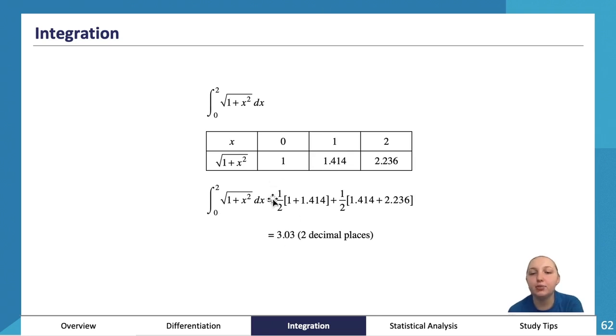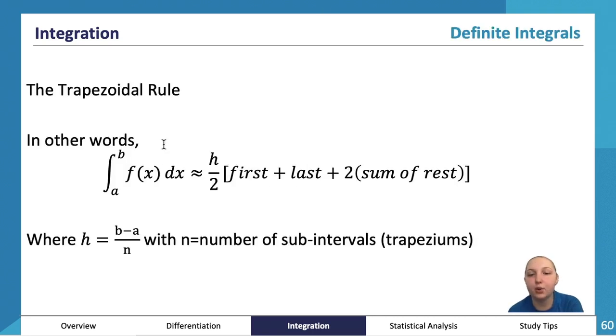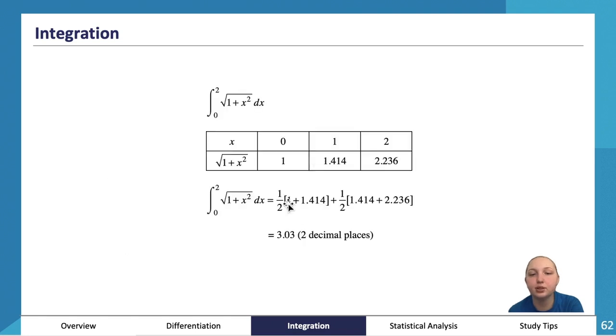So we've got h on 2, which is a half, and we've only multiplied the 1 once and the 2.236 once, but the middle value gets 2 multiplications.